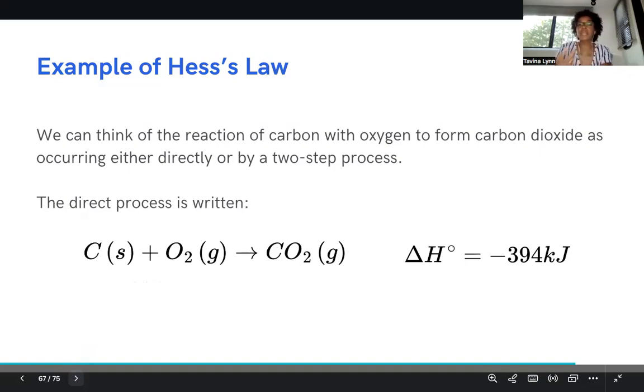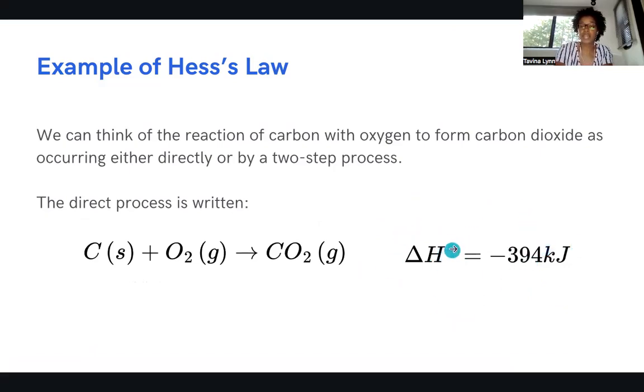This is typically how you would see this reaction written, where we have carbon as solid graphite reacting with oxygen gas to form carbon dioxide. This is the standard enthalpy change. The standard is that little circle up there, right?